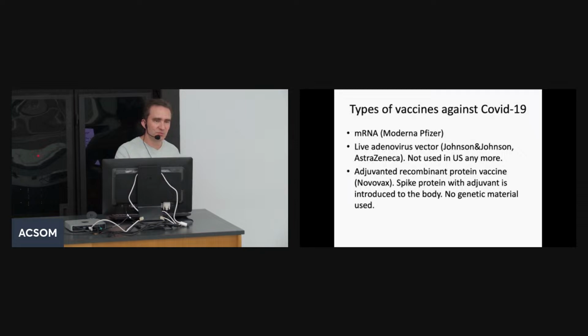The benefit was one injection instead of two, but then there was a very rare complication with thrombosis in the cerebral veins. That's why it's not used in the US anymore, because the mRNAs are a little bit better option. And then later, an adjuvant recombinant protein vaccine made by the Novavax company was approved as well.